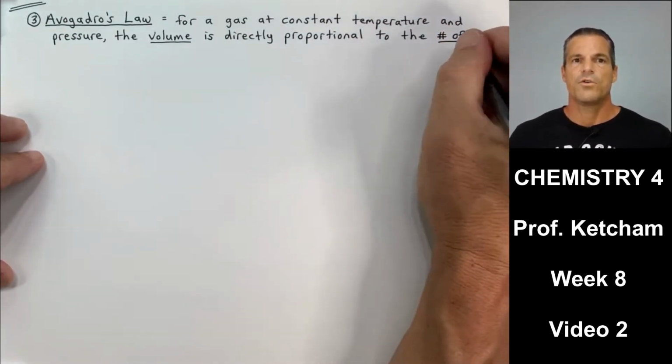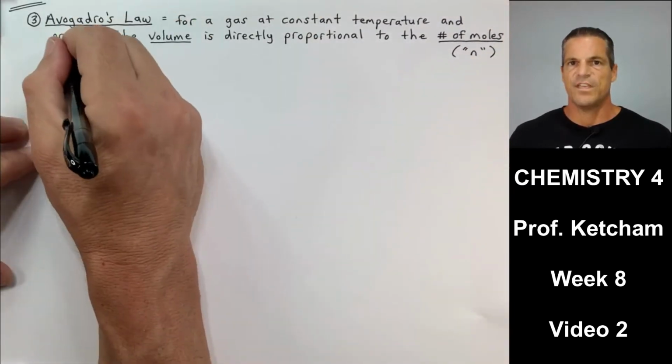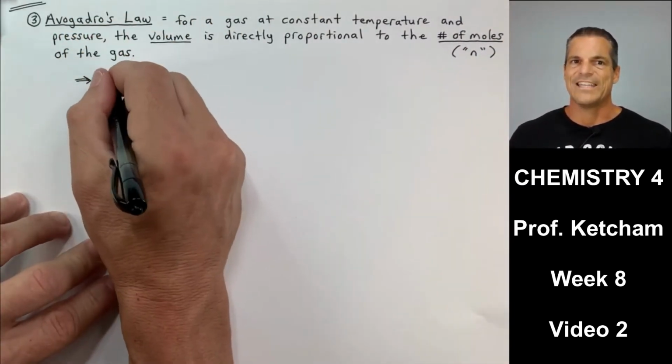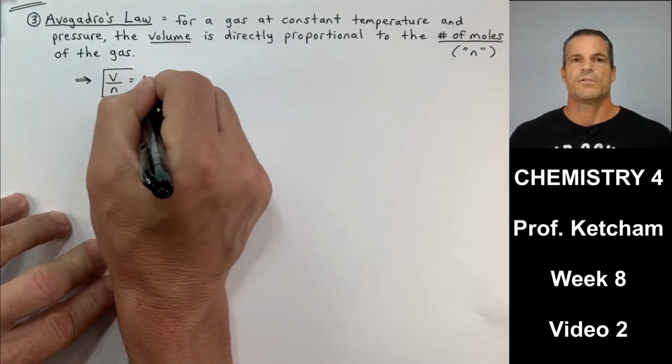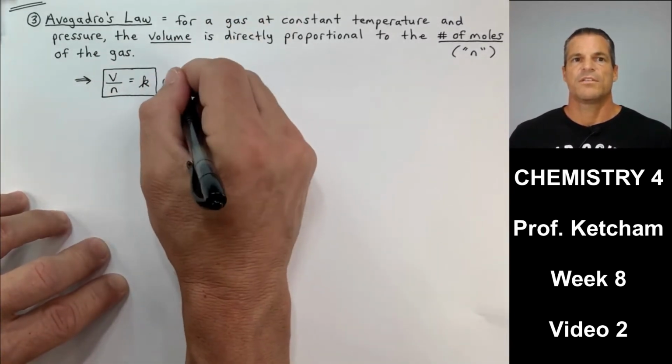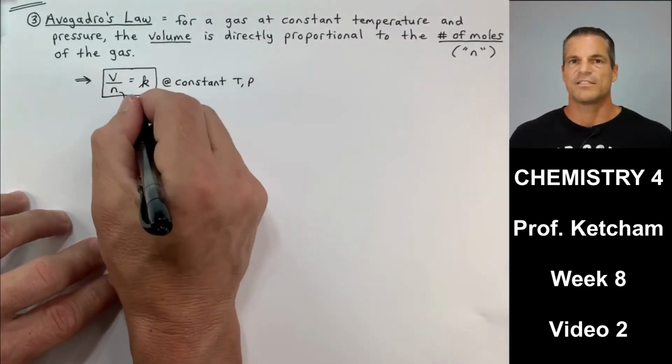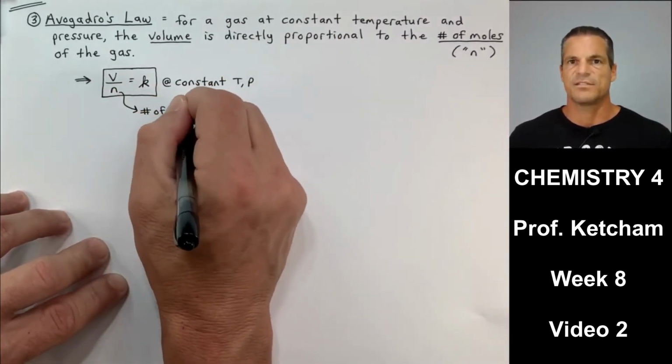So volume is capital V, and then we have moles, n. Well, if they're directly proportional, then V over n is always going to equal some constant K. The value of the constant does not matter.